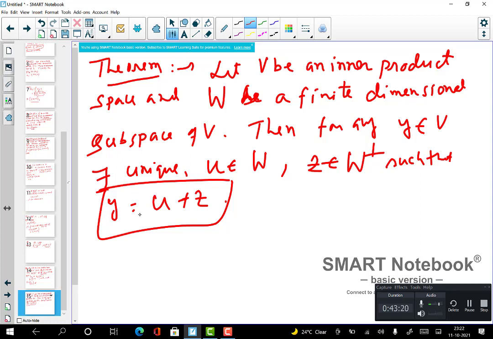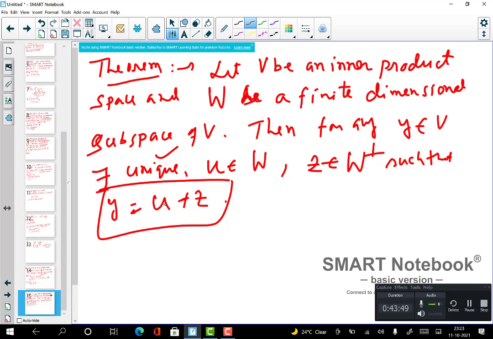And obviously I will show you why this u is important, and it is also unique, in the sense that you cannot find any other such vectors; if we have, then they have to be the same. But we will prove it. Okay, so this theorem is one of the basic theorems that gives you the existence of a vector inside W which is nearest to y. For any such y, it's possible.